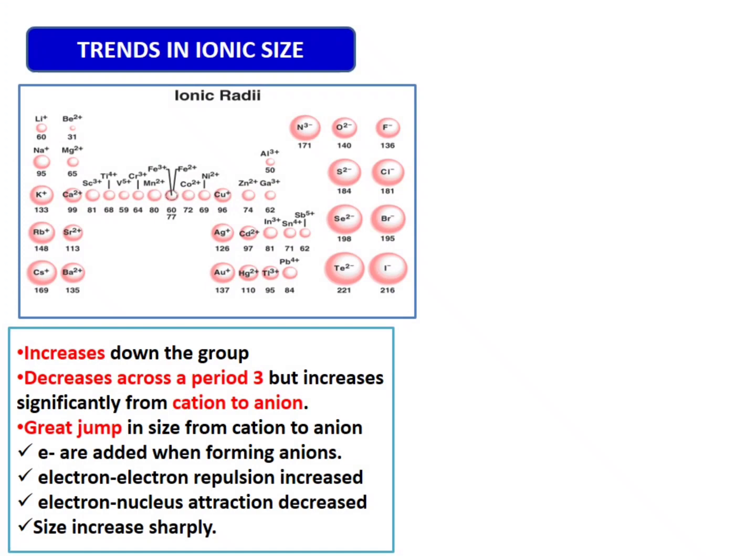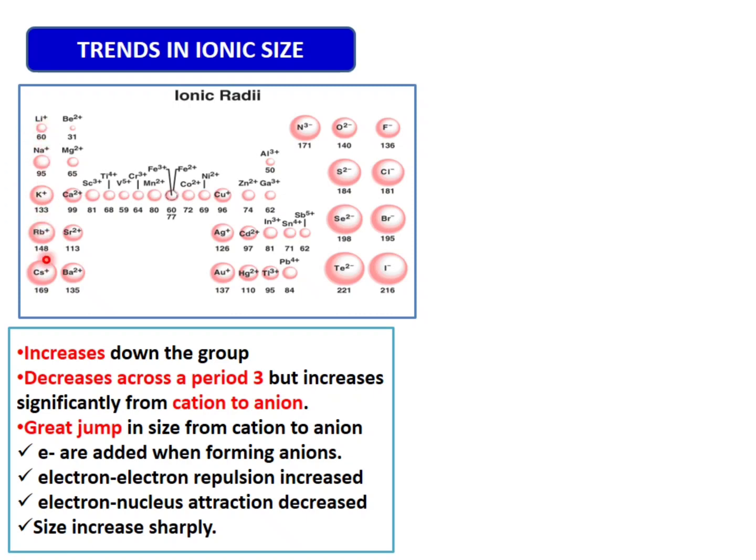Okay guys, so now we look at the trend in ionic size. So this trend in ionic size, later I will explain to you in more detail after this. Okay, so ini cuma general sahaja. So you boleh lihat increase down the group. Ini secara general. So semakin menuruni kumpulan, you boleh lihat daripada lithium until cesium here.